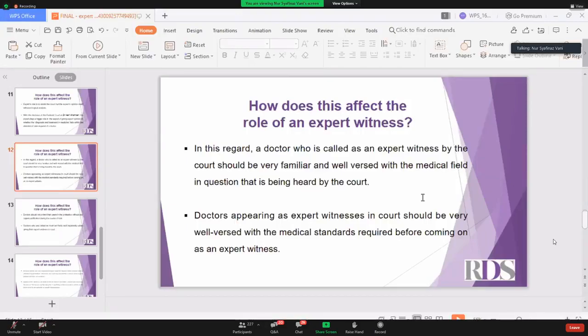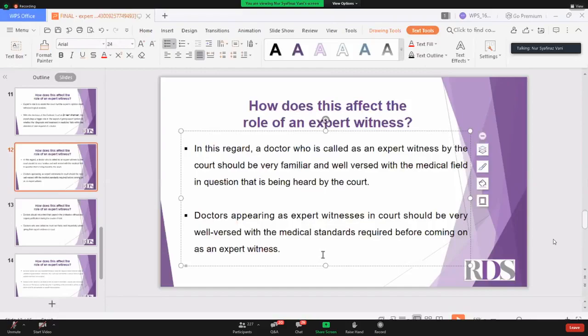So the doctor, firstly, must be very, very well versed with that area. Secondly, he must also be aware of the medical standards required, and also the duty he has to the court.